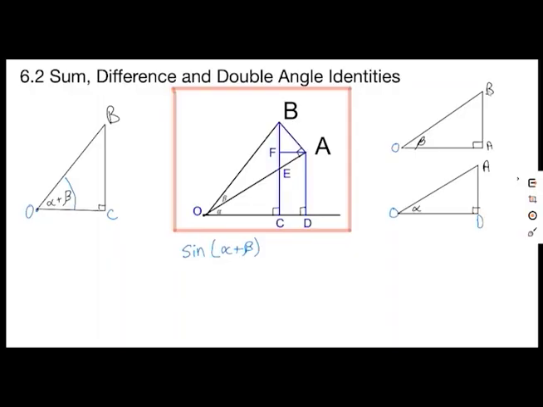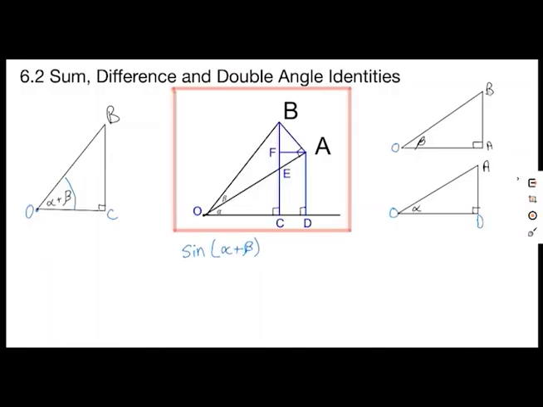The reason we would want to split an angle up into the sum of its parts is so that alpha and beta could be values from our unit circle. And then we would be able to take an angle and find the sine of some angle that's not on our unit circle as some sort of combination of angles we can find on our unit circle.